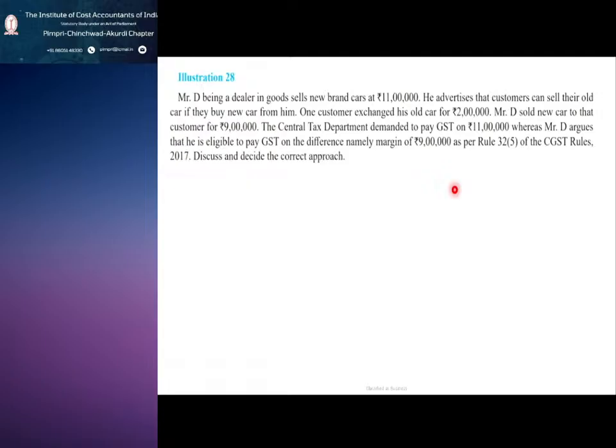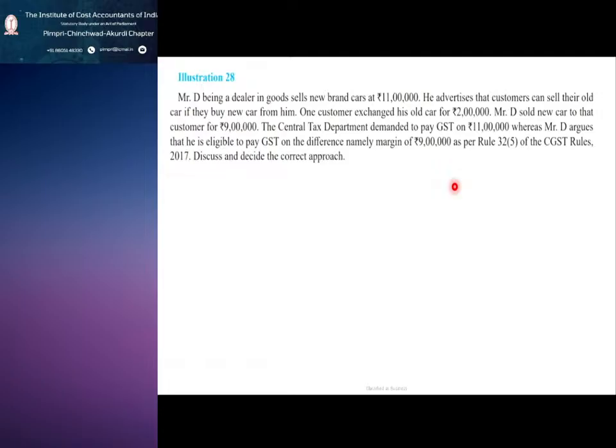Mr. D sold the new car to that customer for 9 lakhs. The Central Tax Department demanded to pay GST on 11 lakhs, where D argues that he is eligible to pay on the difference, namely margin of 9 lakhs as per rule 32(5) of CGST rules.